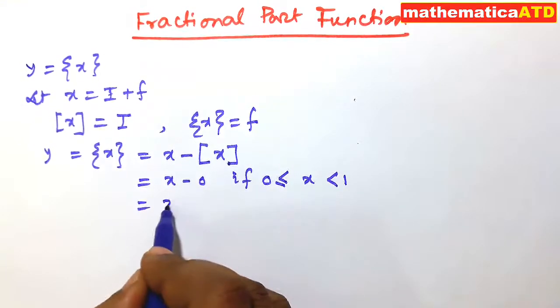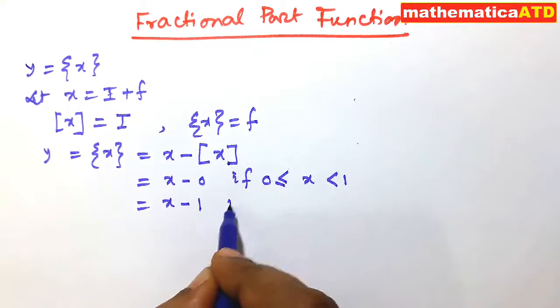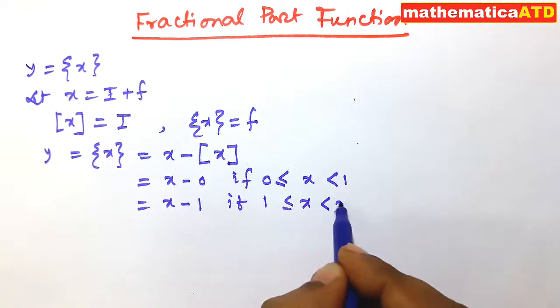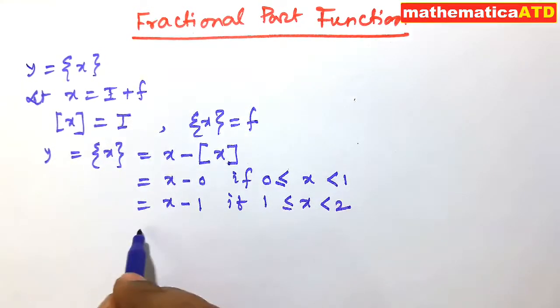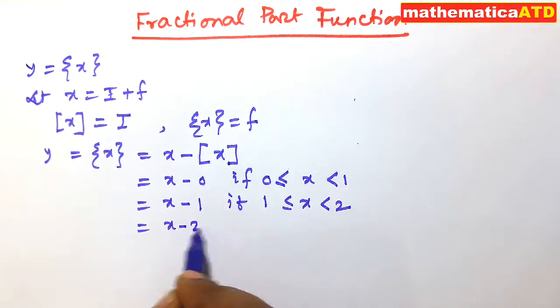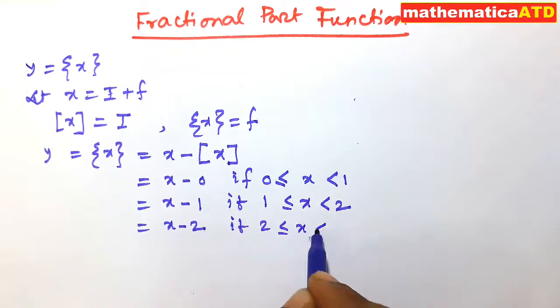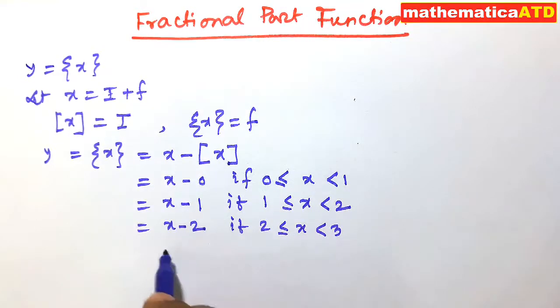This may be written x minus 1 if 1 is less than or equal to x less than 2. This can be written x minus 2 if 2 is less than or equal to x less than 3, etc. Now I shall draw the graph of this fractional part function.